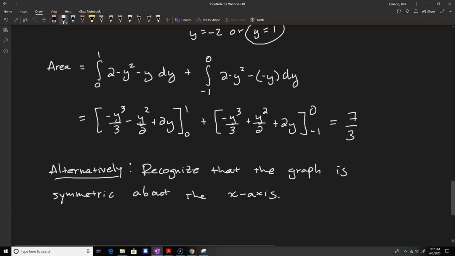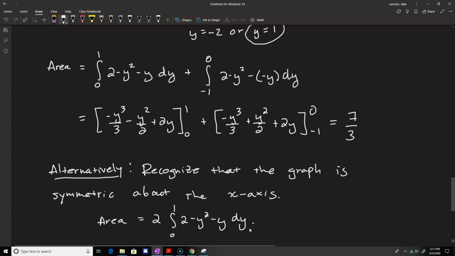So we could have just doubled one of the two integrals, right? We could have said the area is really just 2 times the integral from 0 to 1 of 2 minus y squared minus y dy. And that approach would have been a little bit faster.